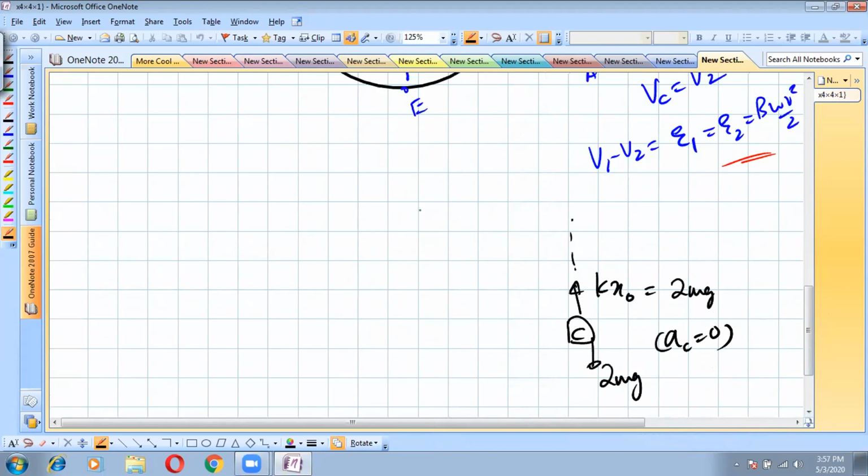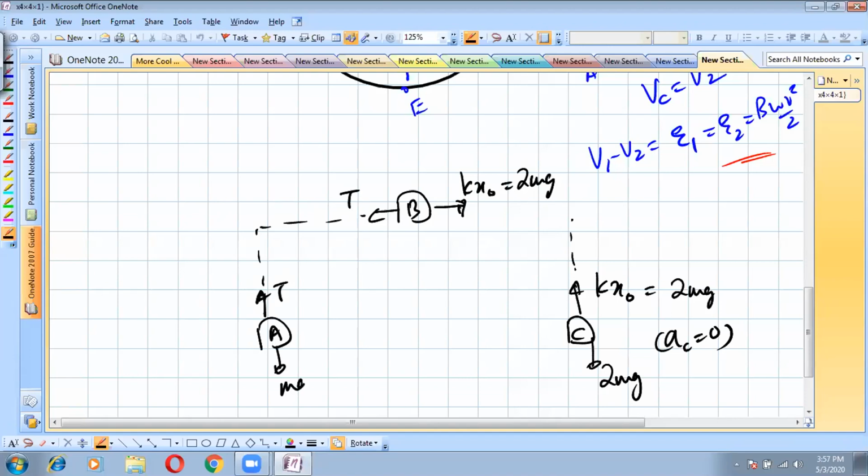Whereas if you look at block B, from this side the tension is kx naught, which is 2mg. But from this side the tension has changed. It's not the initial value, so it's some T. And now on this block A, this tension is the same as that tension, but its value has changed from the initial value. It's become mg like this.